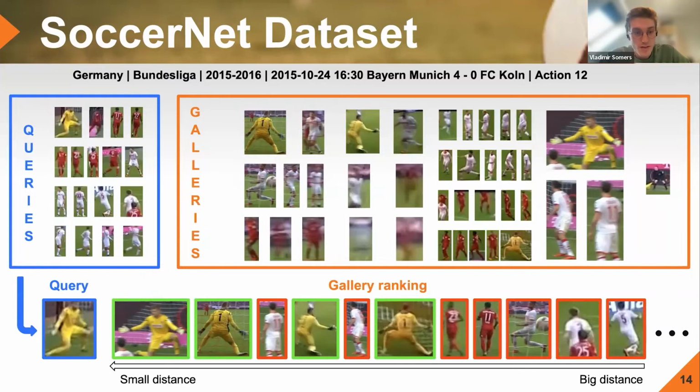We will see in the next slide which metrics are used to evaluate the performance of the model for such a ranking. And the process that you see here for ranking the gallery according to one query is repeated for all the queries in the action. And after, the process is repeated for all the actions in the dataset, so all the set.